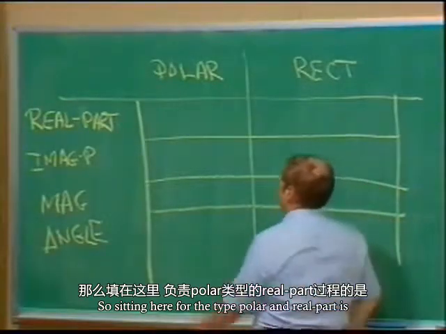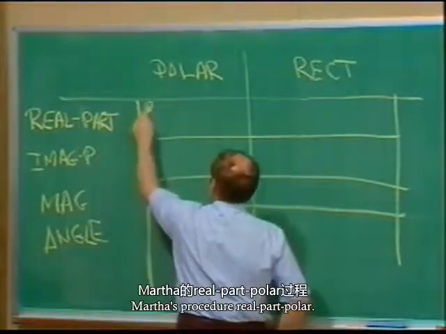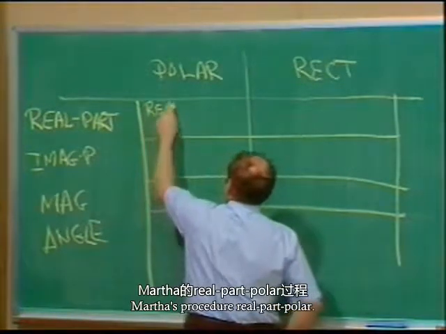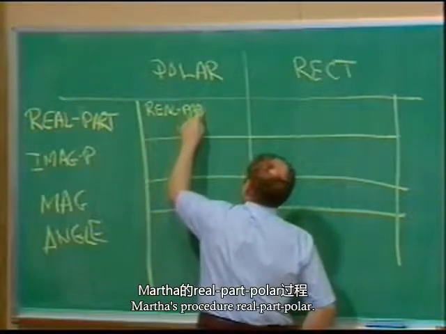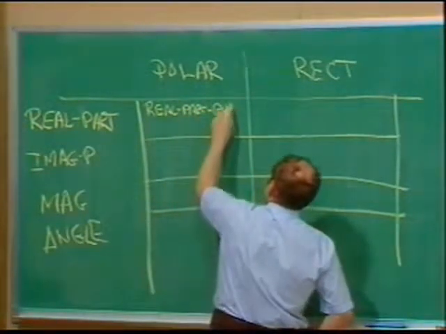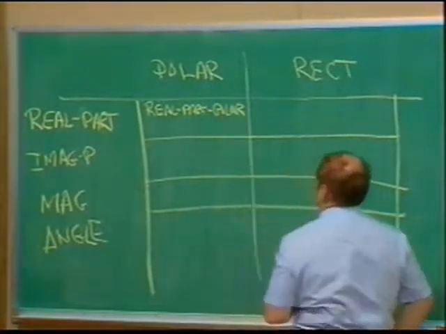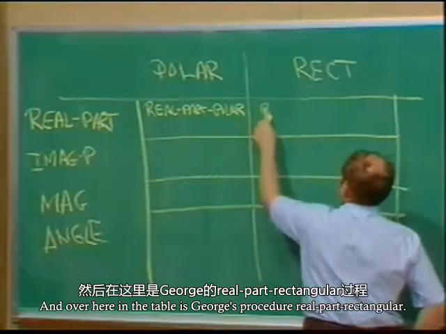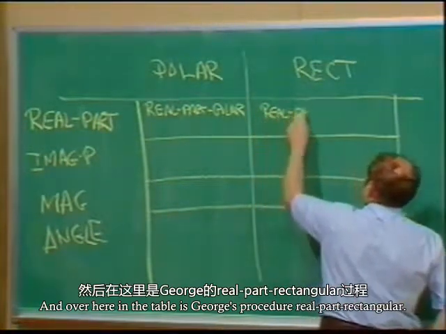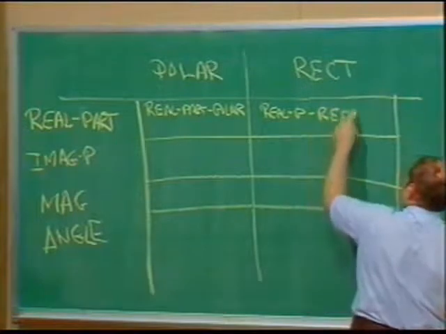So sitting here for the type polar and real part is Martha's procedure real part polar. And over here in the table is George's procedure real part rectangular.